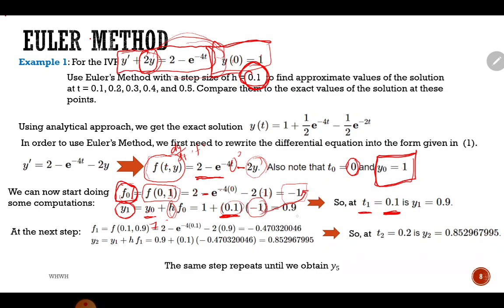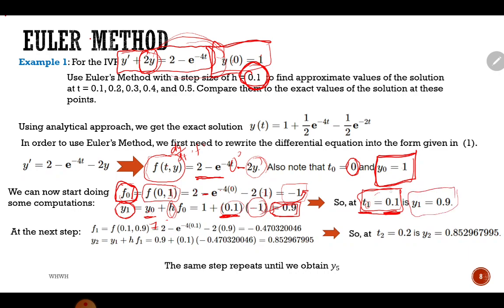So put in, you get 0.9. So in this case, at t equals to 0.1, y is equals to 0.9. Okay, bukan at t equals to 1 tau. Masa ni 0.1, 0.9.